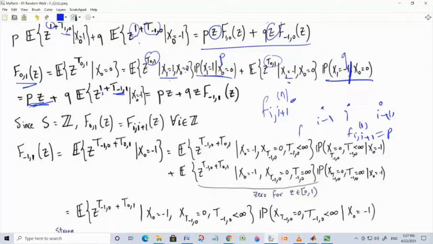But what is fi, i plus 1 of 2? You enter into i plus 1 for the first time from i in 2 steps. Well, this is 0. It can never happen, because you either enter in one step, or you go in the other direction and into i minus 1, and now you need 2 more steps to get to i.